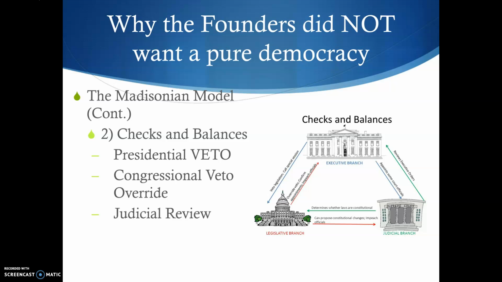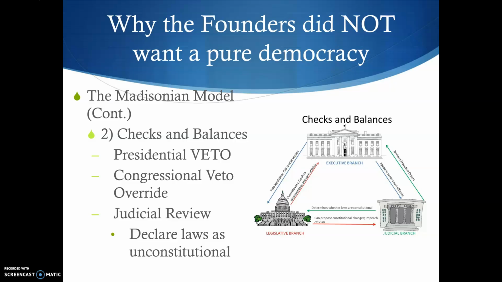They say what the Constitution means. The judicial review power can take any law that has been passed by the legislative branch, signed by the president, and say, this law is unconstitutional. This law goes against the protections of the Constitution.